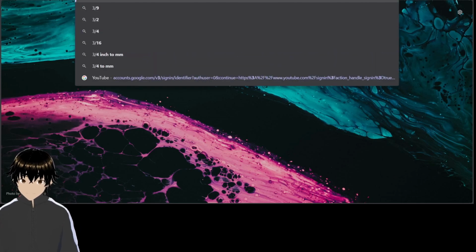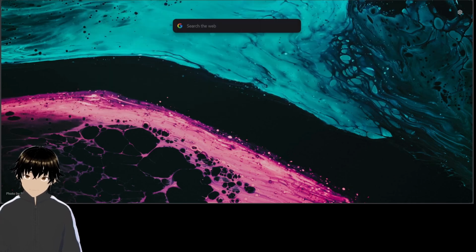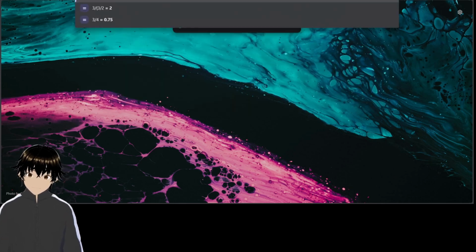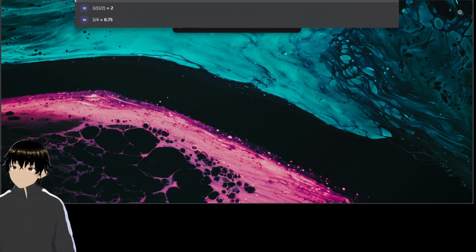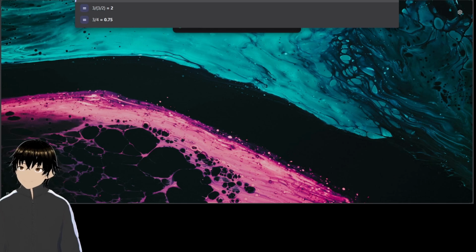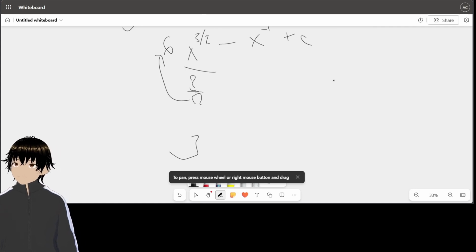Let me just check if I'm correct on this. What? It's 3 divided by 3.5. What? It's 2? What? So you don't divide it by that.